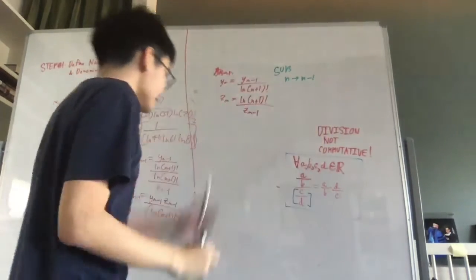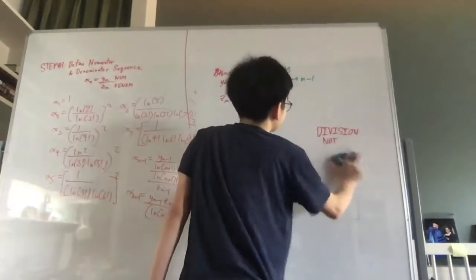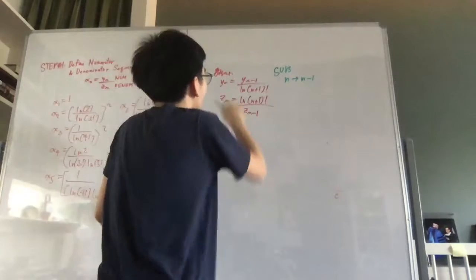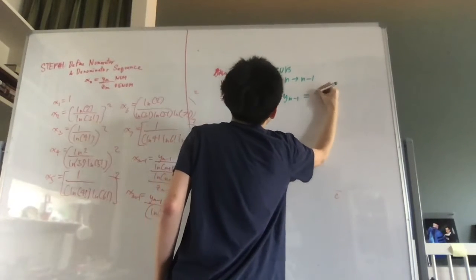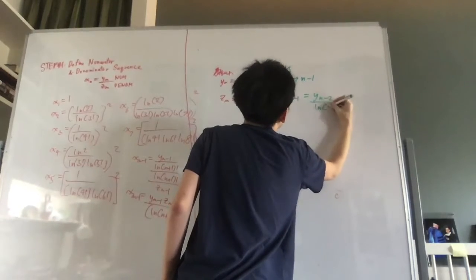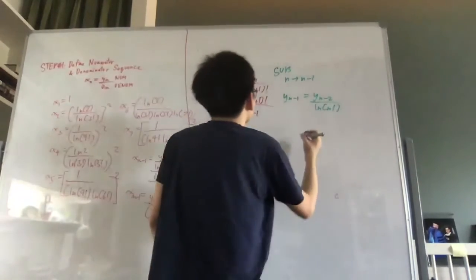So when we do this, and now I need to delete this stuff here, y sub n simply becomes y sub n minus 1 equals y sub n minus 2 over natural logarithm of n factorial. We're lowering the index of our units over here.